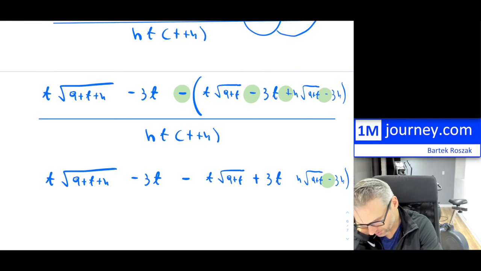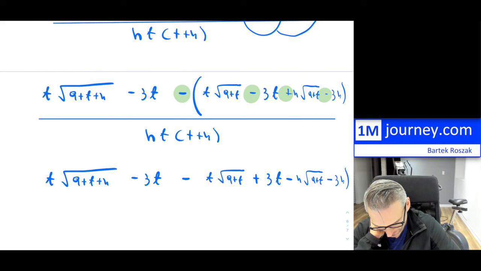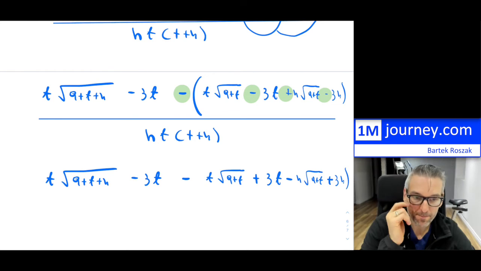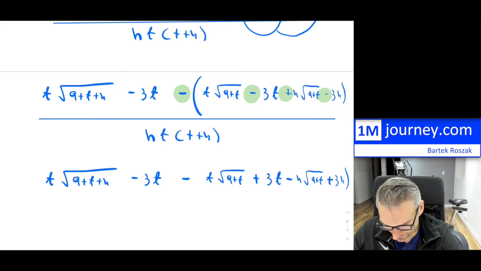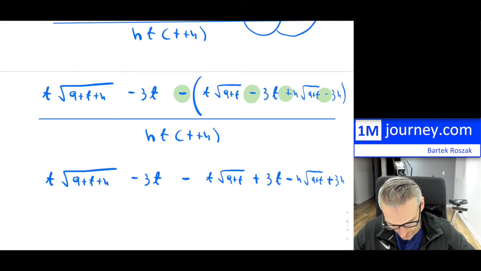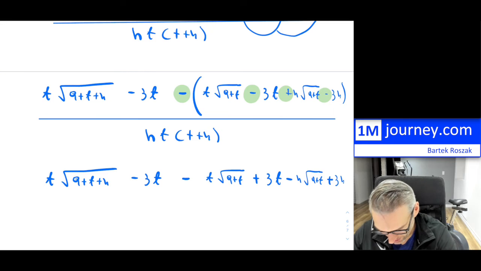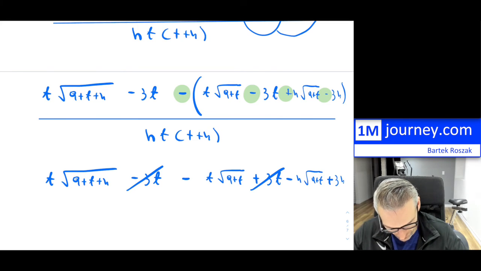This one's going to turn negative, and the last one is going to turn positive. So I have that. This is what we have in here. Can now shift these things out. Does anything cancel? Let's hope this one is gone. 3t, yeah. Unfortunately, I don't think anything else does, at least not for now.